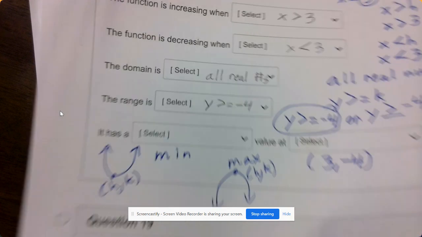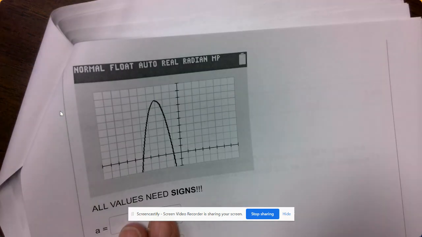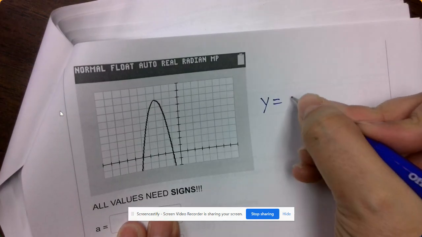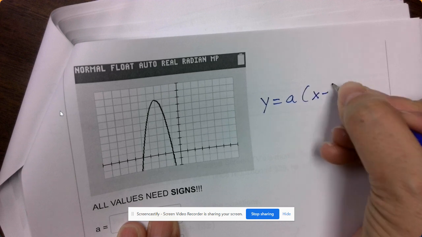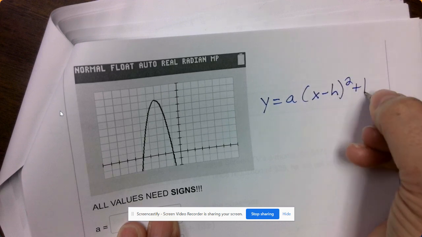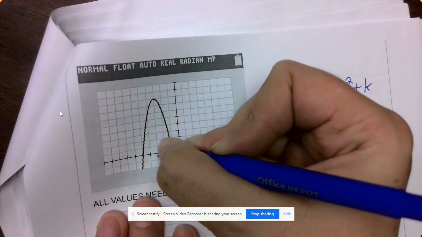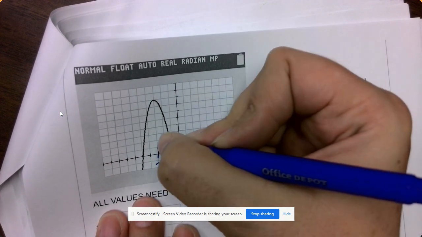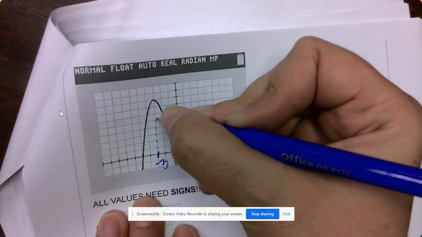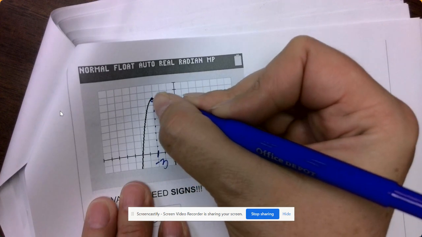Okay, we want to know the h. So we want to identify a, h, and k. So 1, 2, 3, so this is at negative 3. 1, 2, 3, 4, 5, 6, 7, 8. So this is 8.